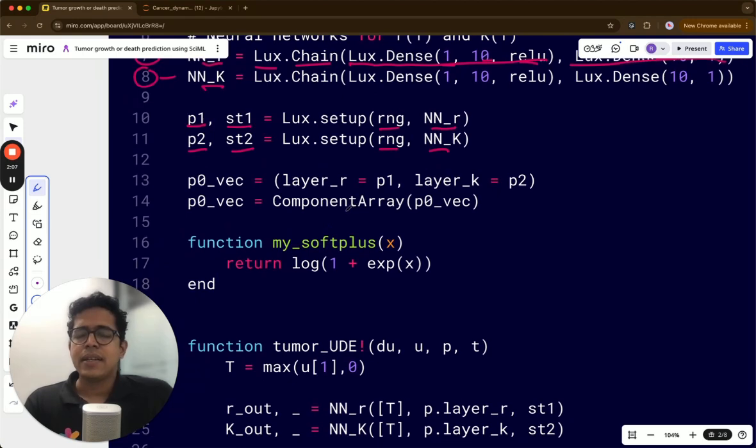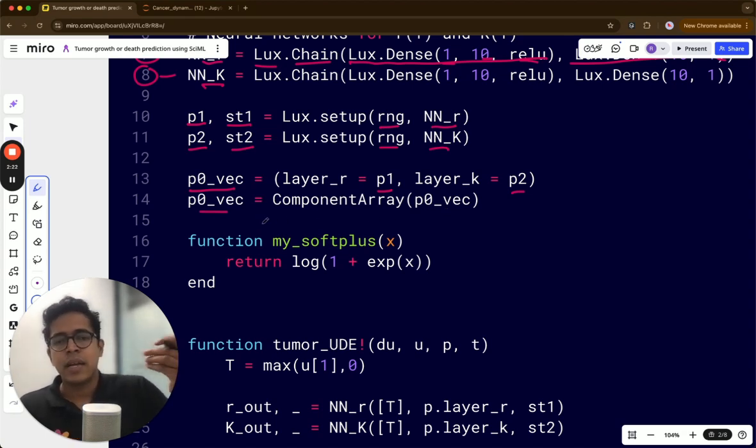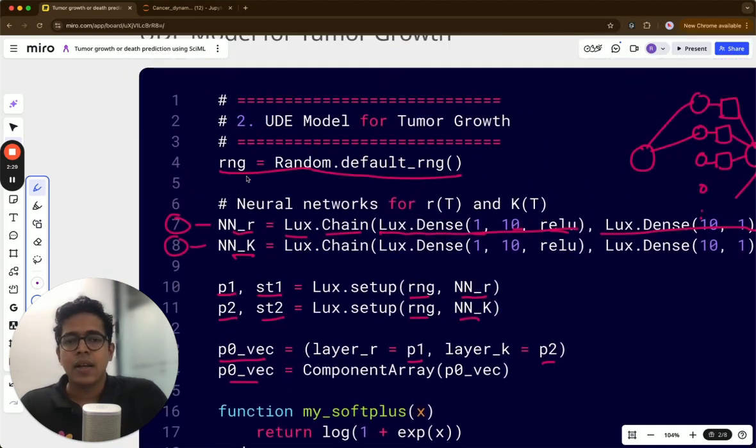Then you create a p0 vector, which is like a tuple that stores the initial parameters of neural network 1 and neural network 2, and you convert that into a ComponentArray format. You will see where this p0 vector is passed so that the initial parameters of the neural network are initialized using this random number generator rng.